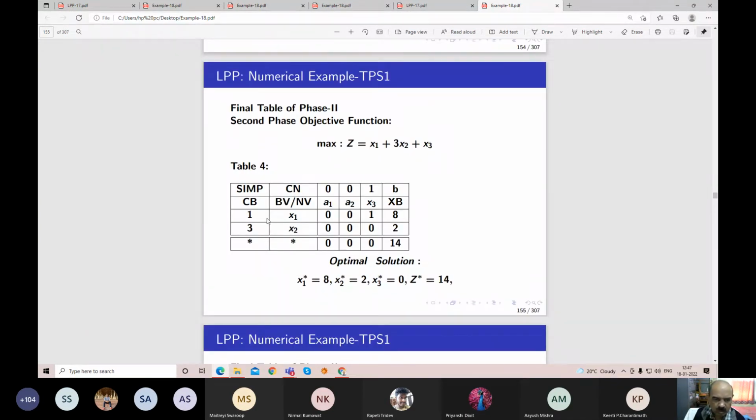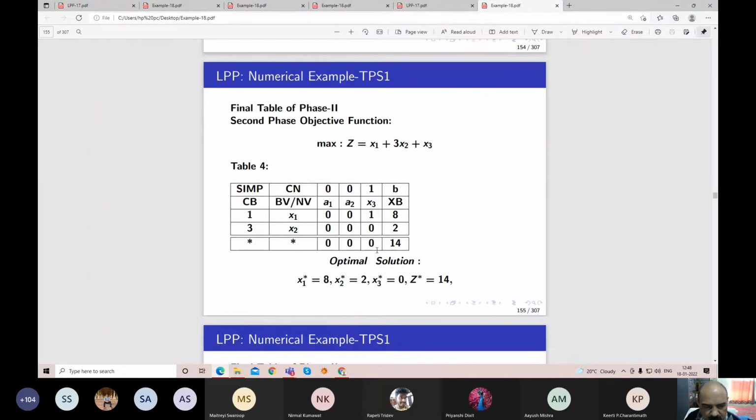Now, once we have completed this, we fill up the last row of the table. The A1 column and A2 column are not required, so we fill up only one element, below x3.